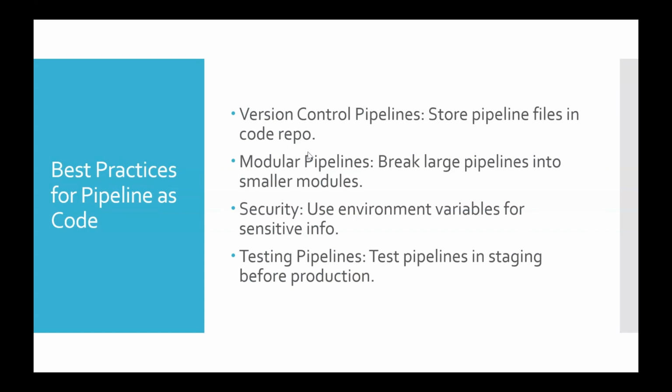Okay, let's now discuss the best practices for pipeline as code. What are the best practices we should follow when we are using the pipeline as code feature? For version control, make sure you are storing the pipeline file in a code repository, so that you can refer to that code repository directly and create your pipelines using that.